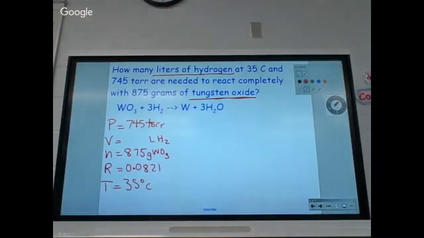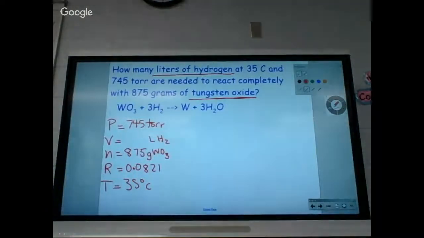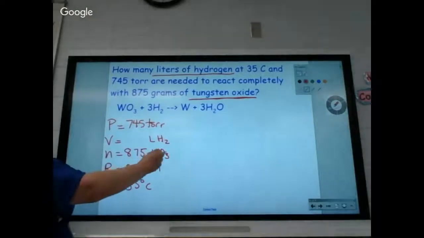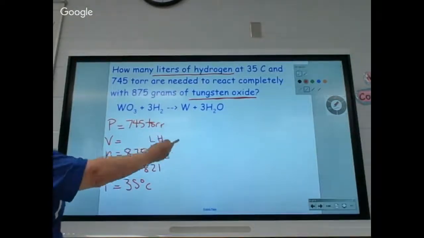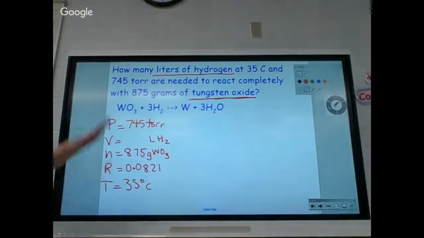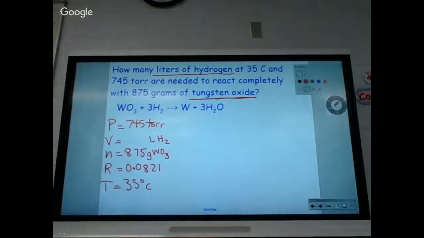Now, if you can remember as we work these, this is what's different about the questions that were on the quiz yesterday. When you did a question like this on the quiz yesterday, the grams were of nitrogen, and you wanted the volume of nitrogen. You didn't have to change compounds. That's what makes this question different.